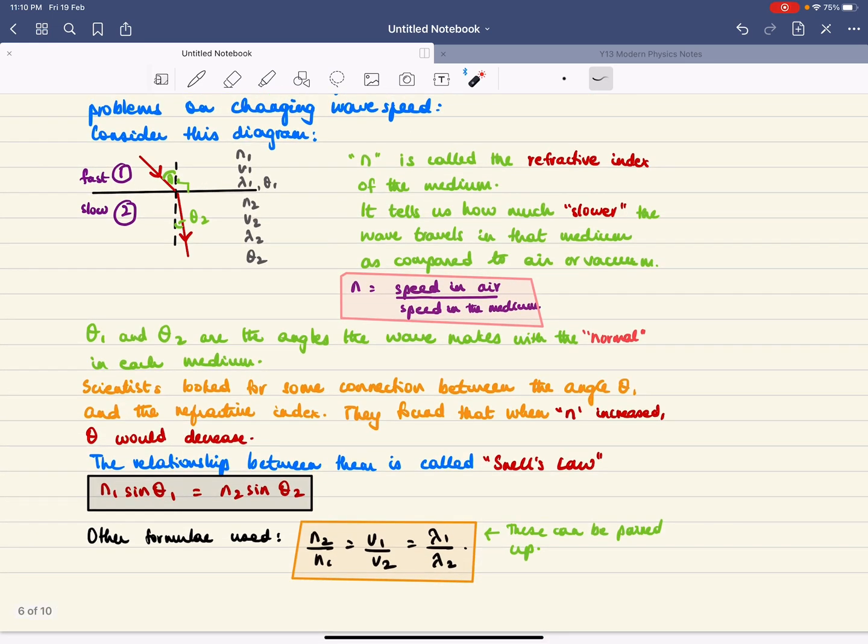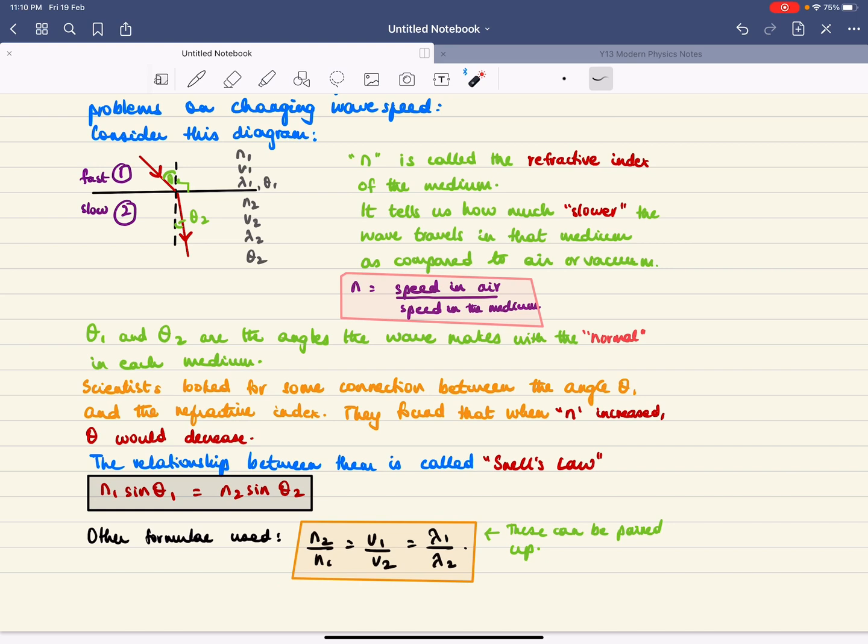Scientists looked for some connection between the refractive index and the angle. There was no direct link, however they found that n1 times sine theta 1 equals n2 times sine theta 2. They found when the refractive index increased, meaning the harder it was for a wave to go through that medium, the more the bending happened, and therefore the smaller the angle of refraction.